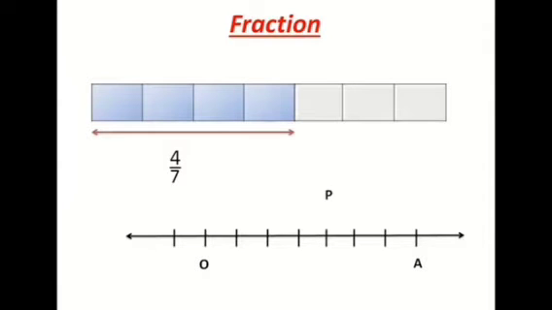I am denoting this point as P. This red arrow is showing P, and that is nothing but 4 steps from O. O is my 0, and from there I have taken 7 equal parts, and then only we can reach A. So here the point P is representing the number 4/7. So we can represent a fraction on a number line.